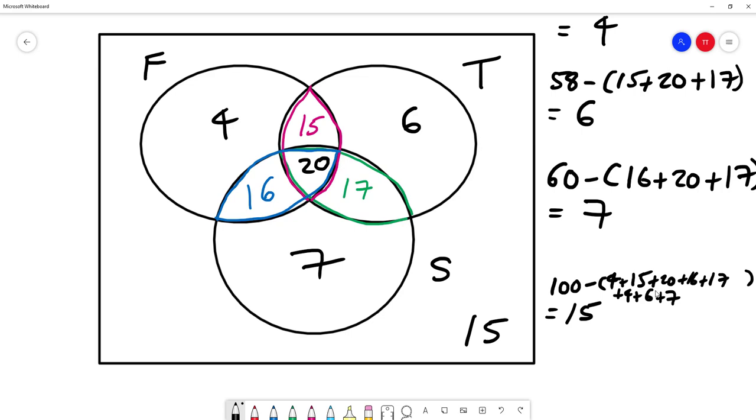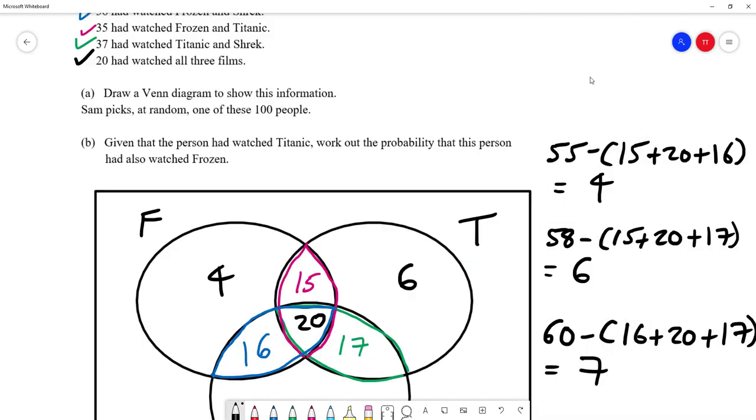As we can see, that gives me 15. And that's the number that goes on the outside. So there we go. We've got our Venn diagram.